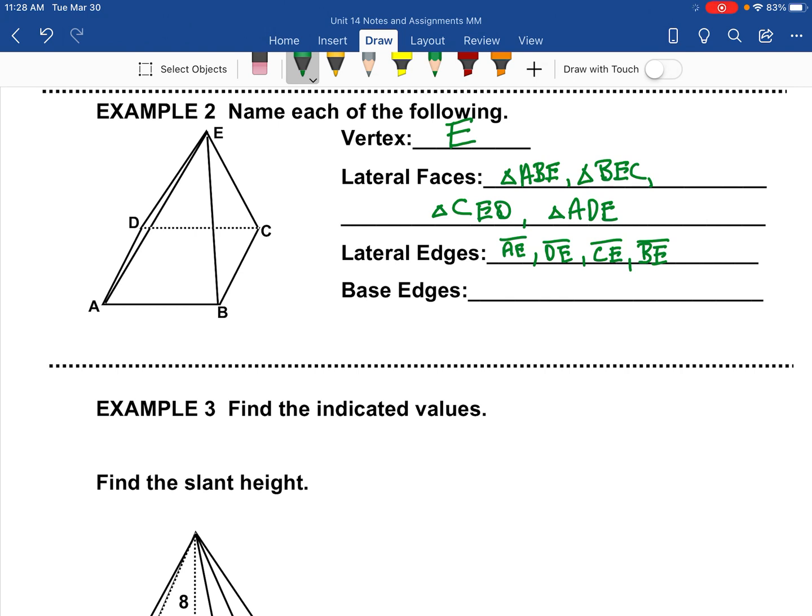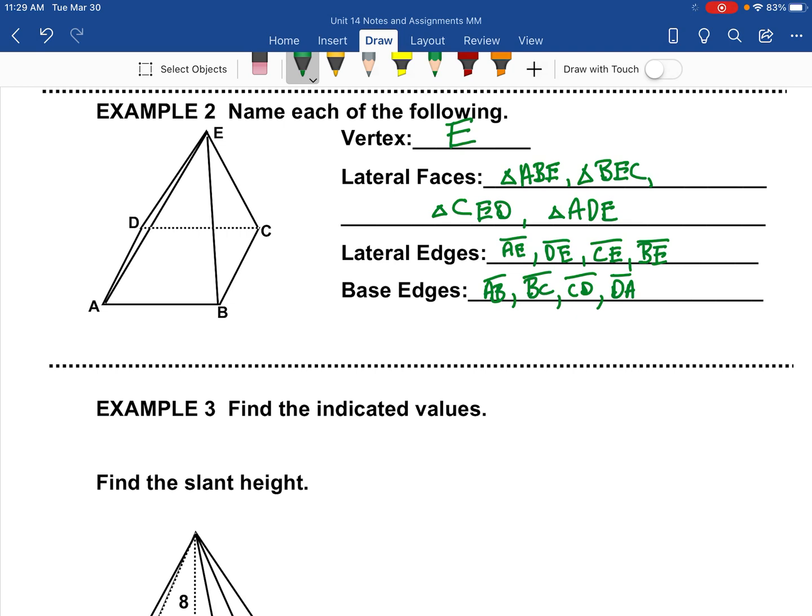Then finally, it wants us to name the base edges. They're segments also. So we have segment AB, segment BC, segment CD, and segment DA. Again, the order of your letters does not matter as long as they're correct and you have the correct symbol. So that's naming the parts of a pyramid.